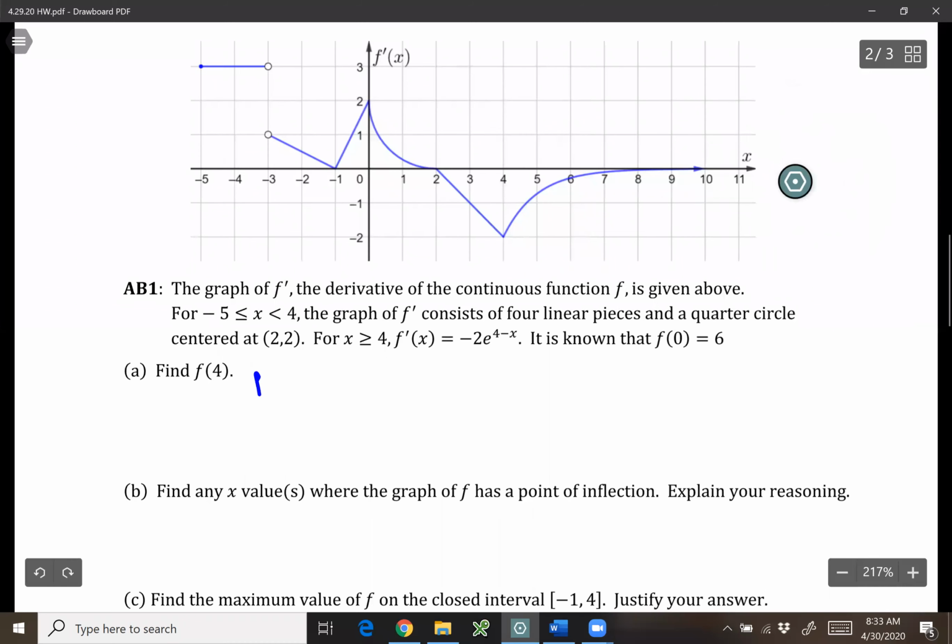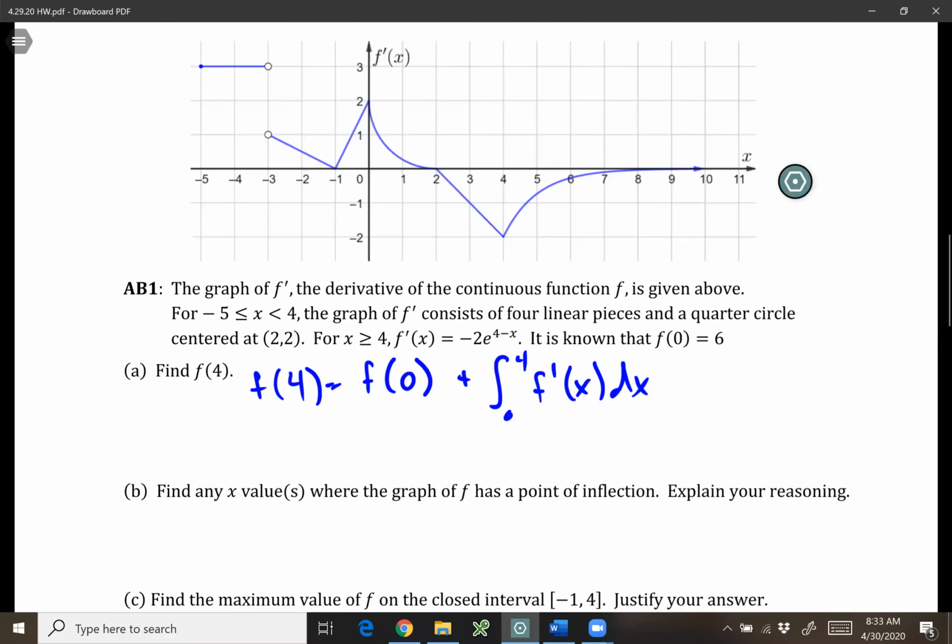So we said f of 4 would be equal to f of 0 plus the integral from 0 to 4 of f prime of x dx. And for the integral from 0 to 4, this becomes 6 plus, yesterday we had talked about this being essentially the area of the square minus the area of the semicircle.